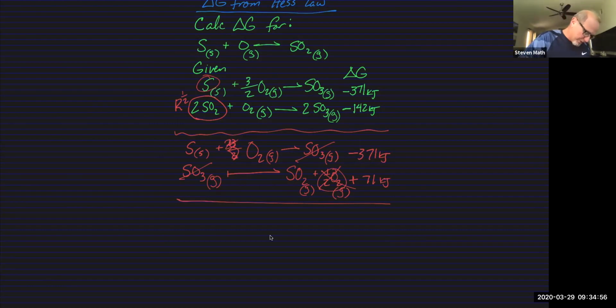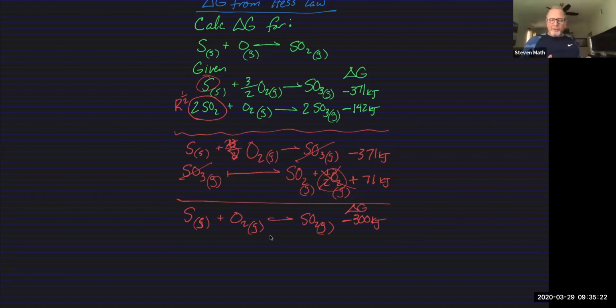So now if we rewrite this, we get S as a solid plus O2 as a gas, makes a little bit of SO2 gas. And now if we add up -371 and positive 71, we're going to get -300 kilojoules for delta G.